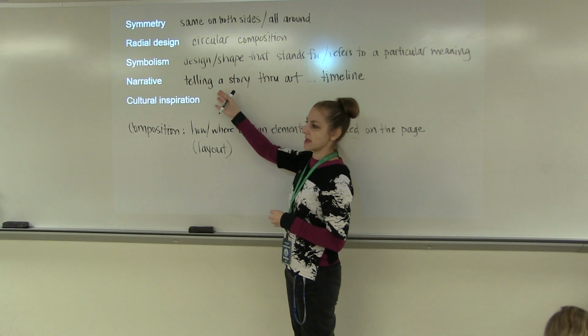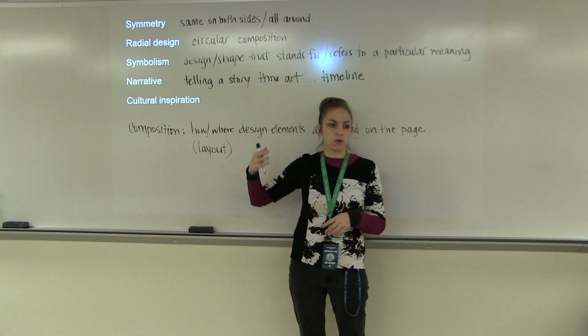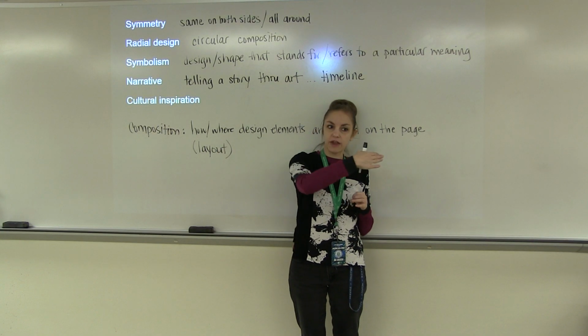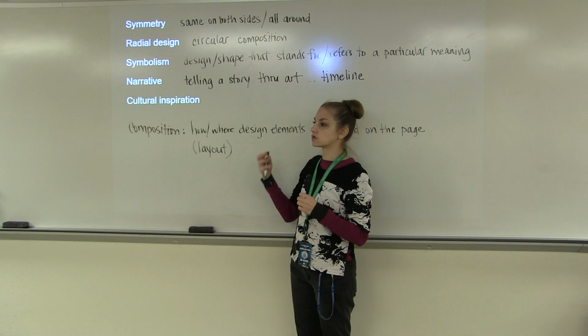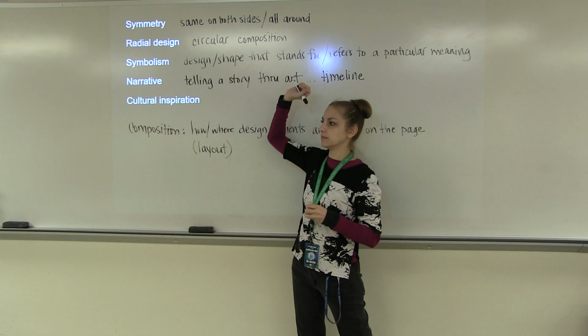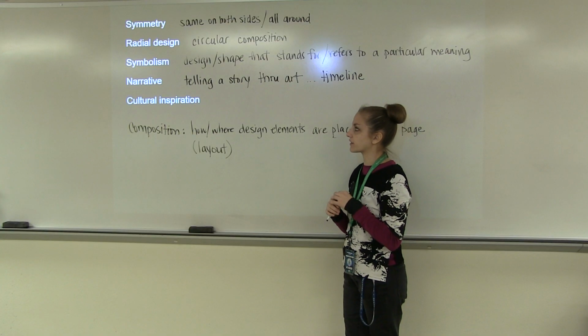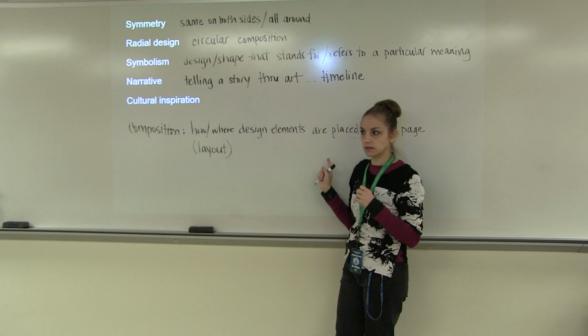With non-mandala art, taking this broader scale, we're just telling a story. It doesn't have to be in a circle or in a linear fashion, but we can use that storytelling element. You can see how that would relate back to symbolism as well, right? We're suggesting other ideas with our artwork. Questions on narrative? We're good?